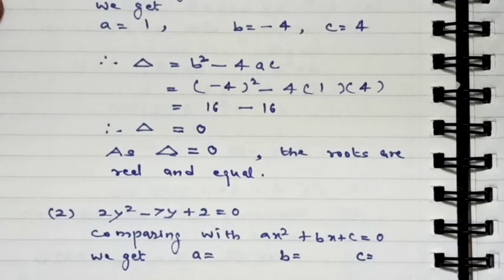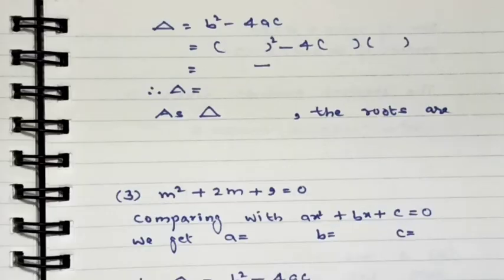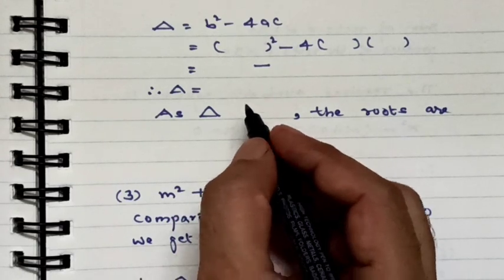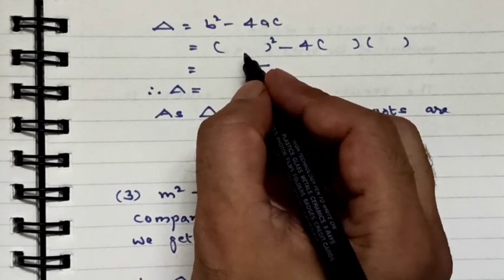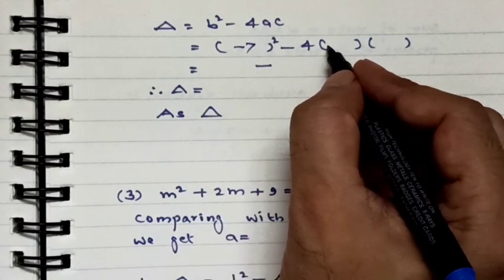Question number 2, comparing with ax square plus bx plus c is equal to 0, you will get a is equal to 2, b is equal to minus 7, and c is equal to again 2. Therefore, delta is equal to b square minus 4ac. Now b is minus 7. So write minus 7. 4 is 4.